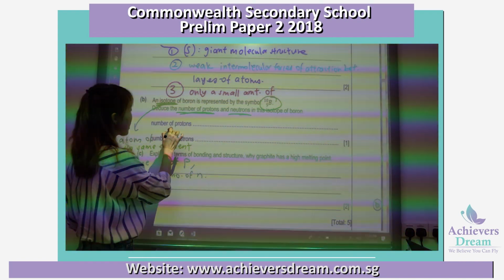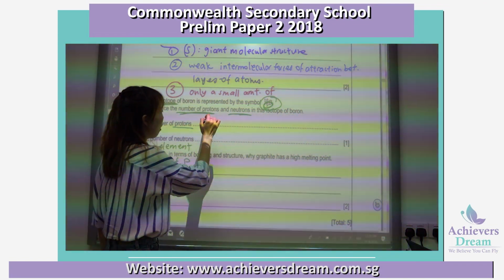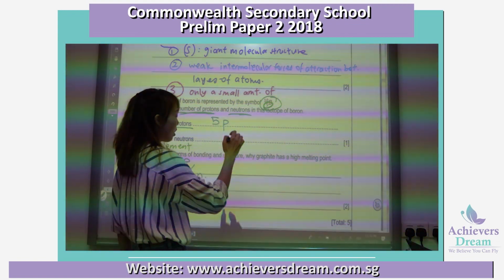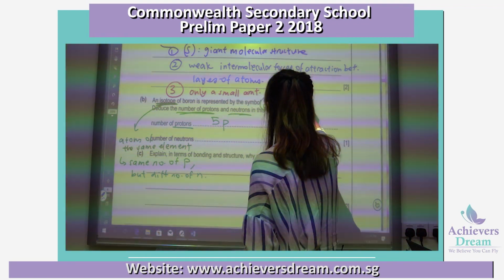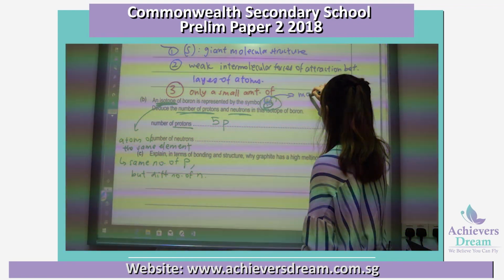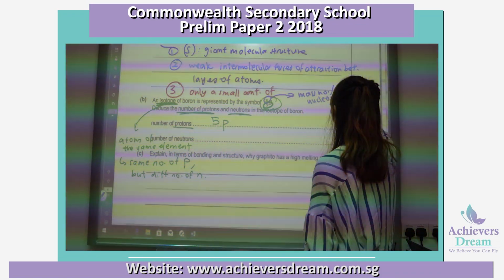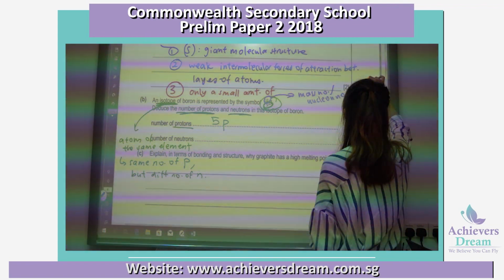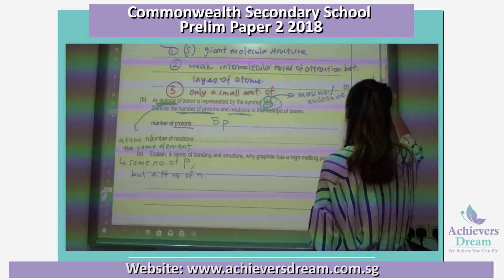So from here, what's the number of protons? The smaller number will always be your proton number, so 5 protons. Then what does your 10 represent? This is your mass number or nucleon number, which is the number of protons plus the number of neutrons.